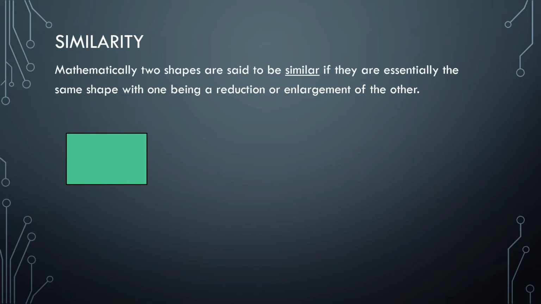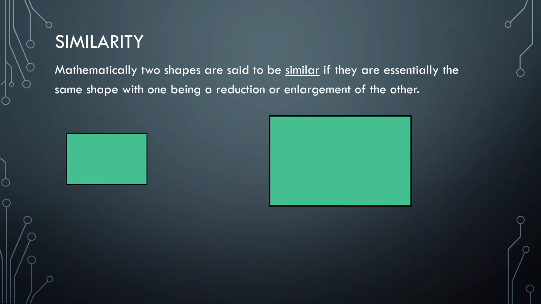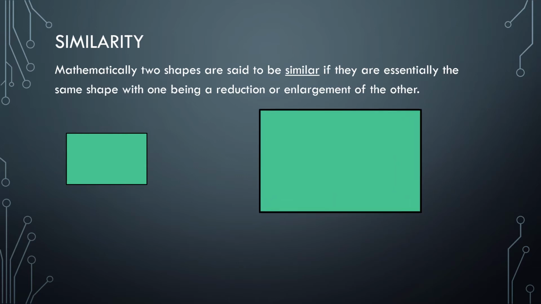If we take this rectangle here and produce another copy of it, and all we're doing is stretching it out and making it bigger, the rectangle on the right is an enlargement of the one on the left. And so these two rectangles are similar. When we talk about similarity in mathematics, it's not enough for them just to be rectangles. They have to be an exact reduction or enlargement of the other one.